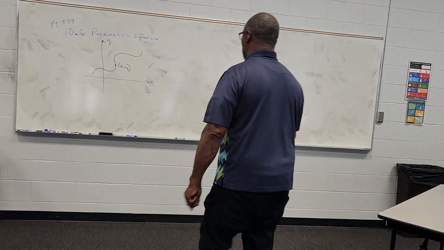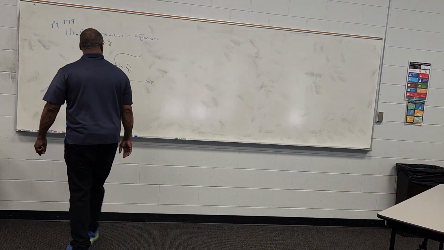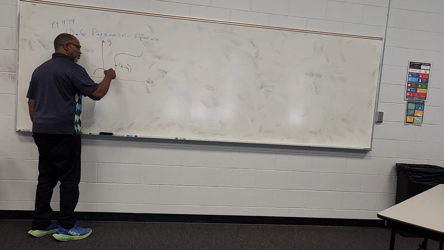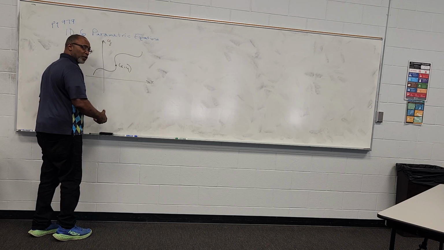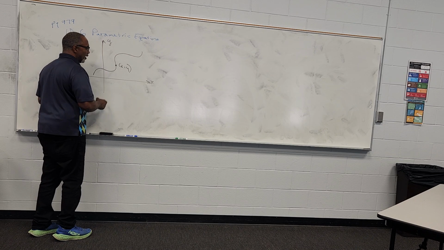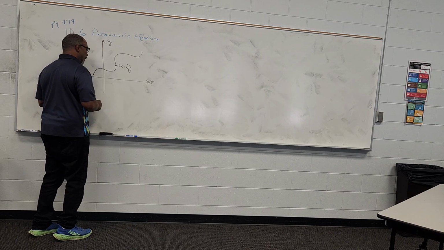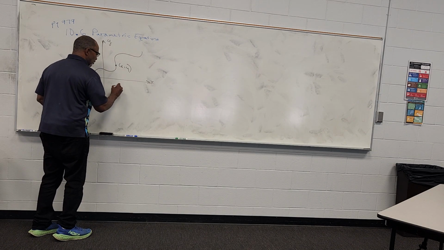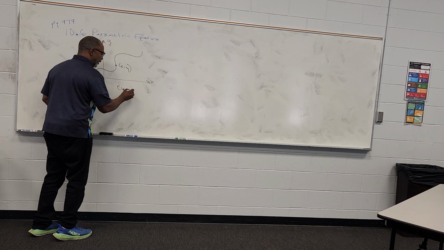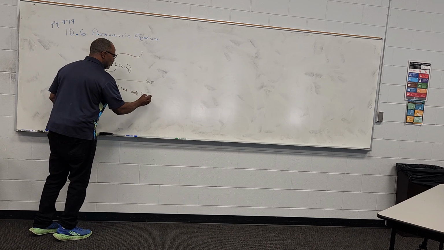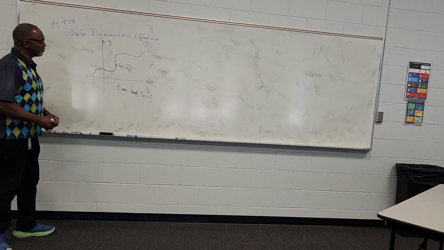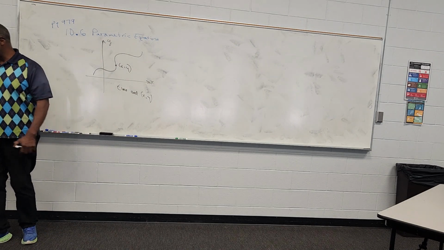If this is a video game and I'm trying to kill something, I need to know where it was and when it was there. So sometimes we want to know the thing's position and maybe time. Well, this kind of gets us to parametric equations.